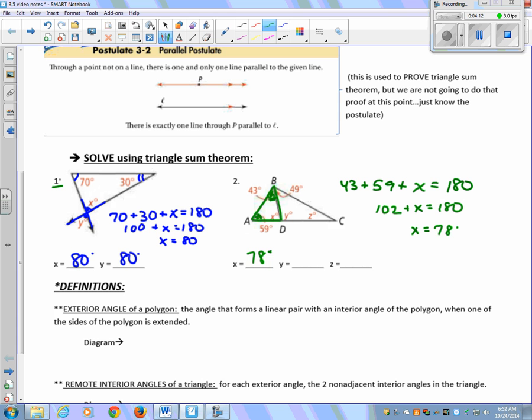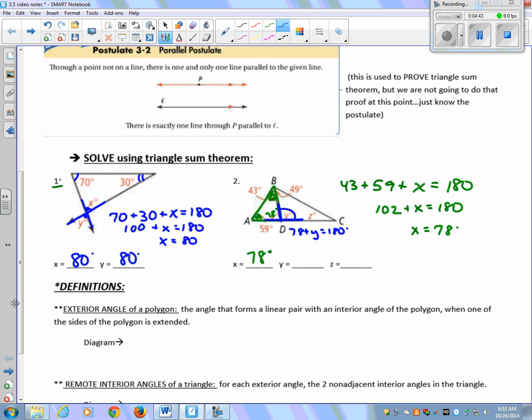So x is 78 degrees. Well, I know now I can add that. I can put that in right here, 78 degrees. If that's 78 degrees, I need to use my knowledge of general geometry here. What's this forming? X and y form a, hopefully you're thinking, linear pair. And so 78 degrees plus whatever y is should equal 180. So 78 plus y equals 180 because they're a linear pair.